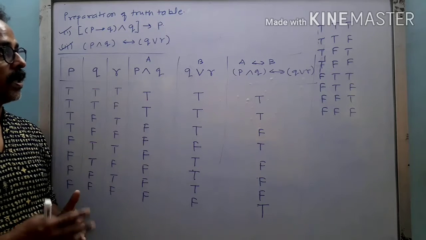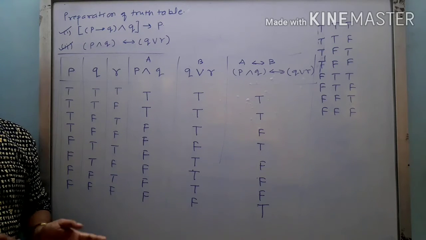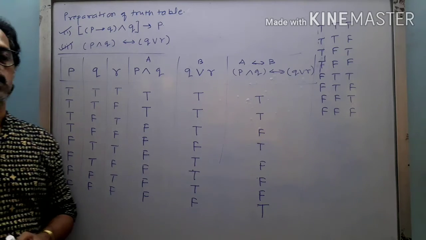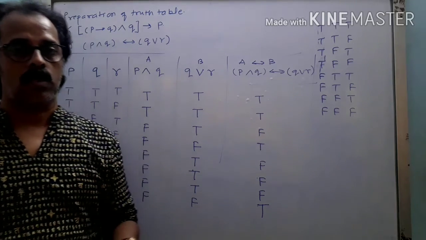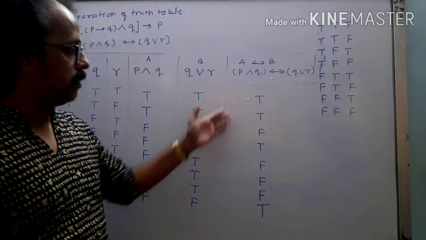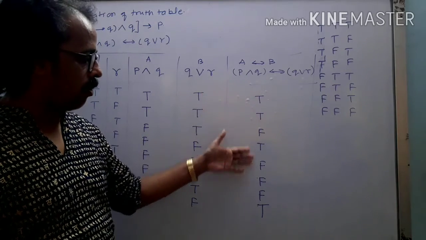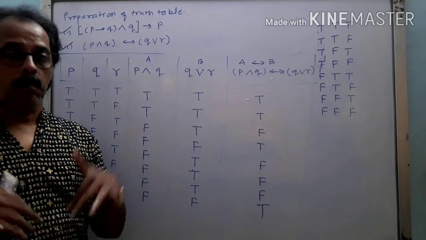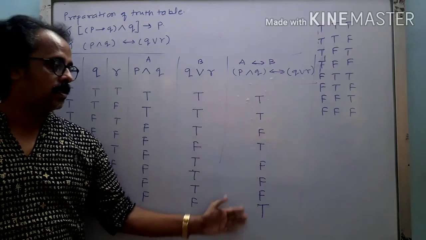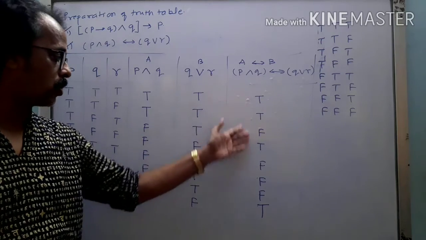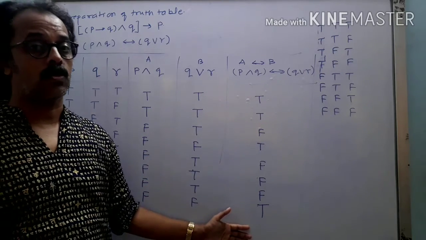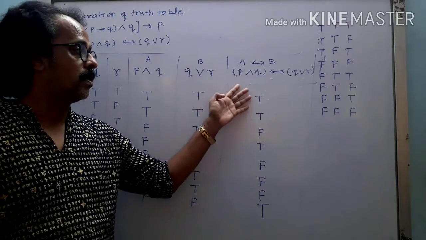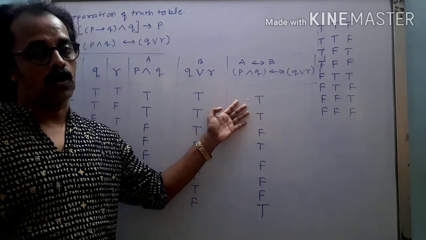Now in addition, today we are going ahead with how to show that given statements are equivalent, and what the meaning of tautology, contradiction and contingency is. Here, if you observe, not all are true; falses and trues are mixed, and therefore we can say it is a contingency. But if all are true, then it is a tautology.